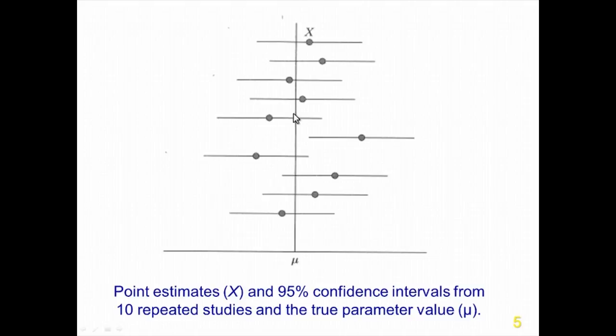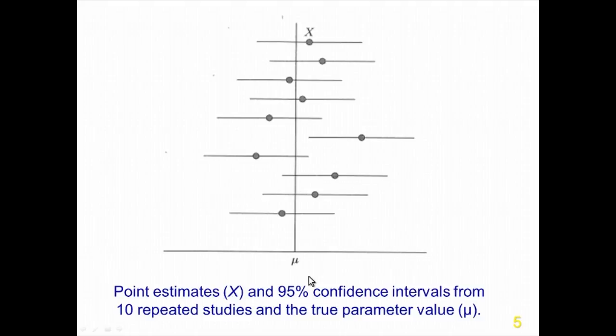We don't actually end up carrying out multiple studies, usually, but this represents the situation if we were able to. And you can see that in this situation, only in one of the studies did the confidence interval exclude the true parameter.